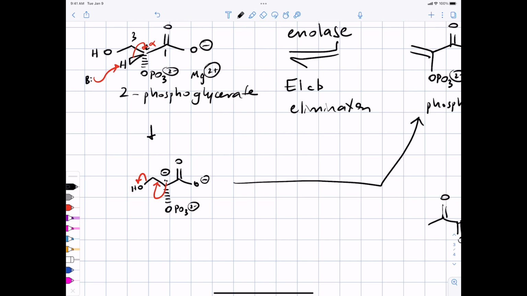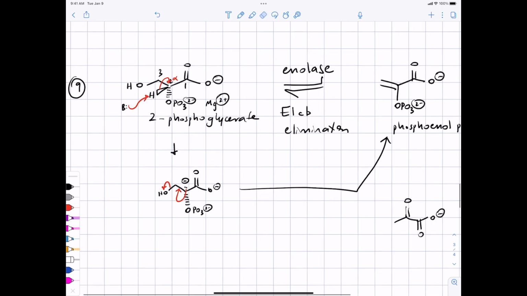And so even though we've got a molecule that's highly negatively charged, it's still okay to remove this proton because probably we've got counter ions nearby that are helping neutralize the highly negatively charged environment. Okay.